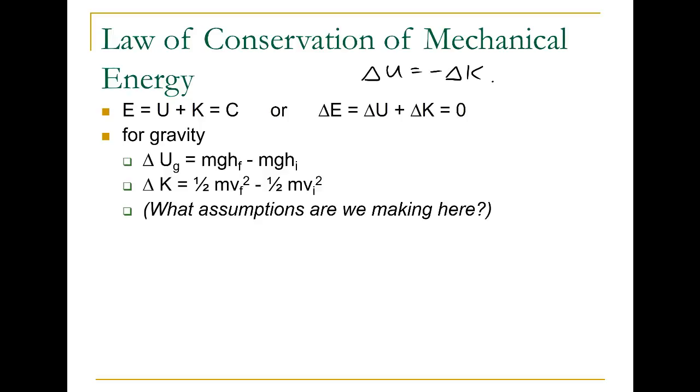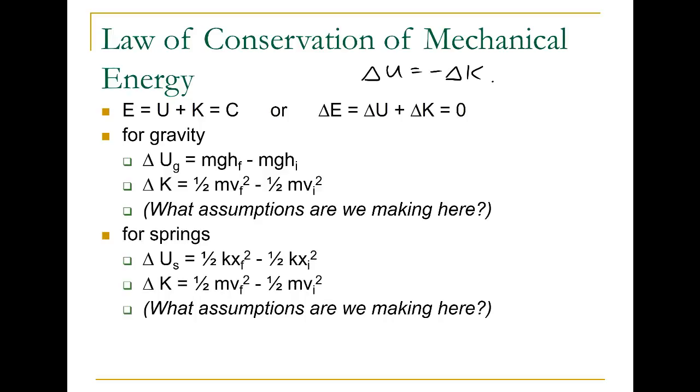And so those are two assumptions for that. If we had a spring, then we are assuming that this is a spring that obeys Hooke's law, so F equals kx. If we had a nonlinear spring, so F was some weird function of x, then we would have to integrate to get the potential energy function.